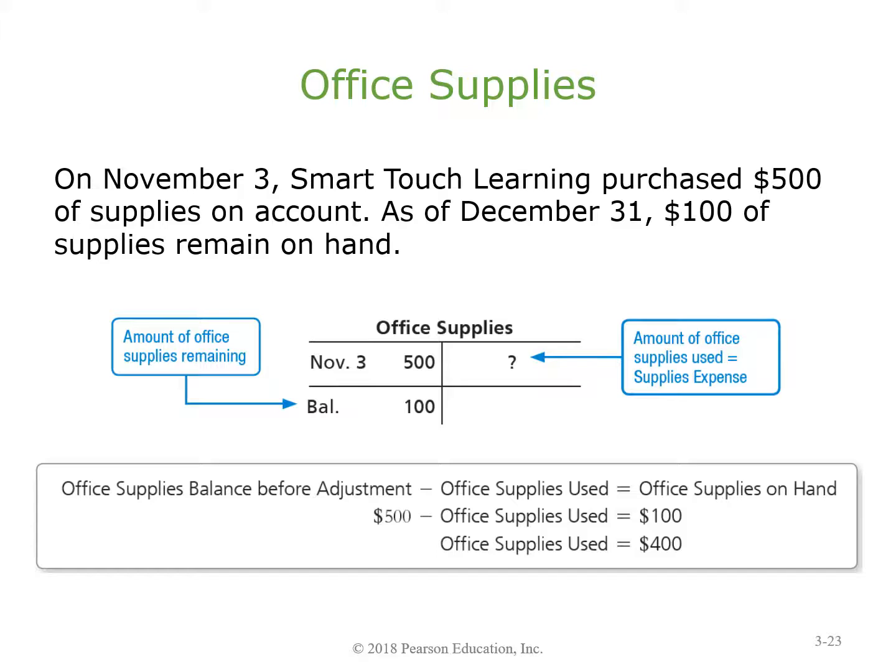Another example, office supplies. We purchased office supplies on account. So we put $500 in office supplies. Then at the end of the month, we count up our office supplies to see what is remaining. We have $100 remaining. So what happened? We had 500 and now we're down to 100. What happened is we used up 400 of them.